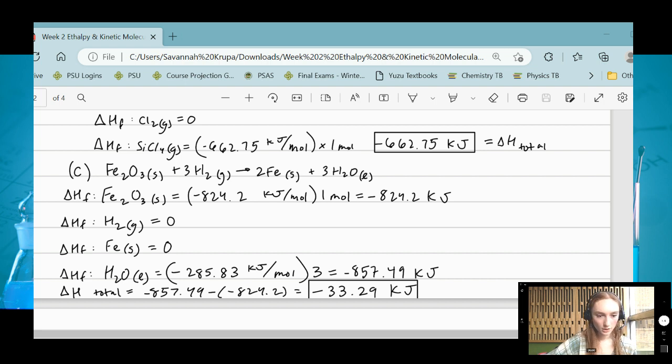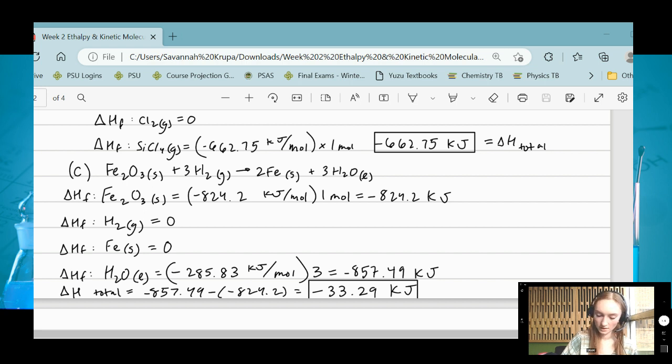From this equation, we only have 1 mole of the iron oxide, so we multiply it by 1, which gives us the same value back, negative 824.2 kilojoules. For the water formation, we have a value of negative 285.83 kilojoules per mole. Looking at this reaction, we have 3 created, so we multiply it by 3 moles instead of 1, which gives us a value of negative 857.49 kilojoules.